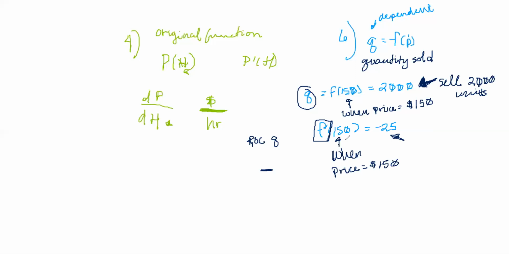So this is exploring the relationship between how much something costs and how much you can sell it for. Okay, so the rate of change of Q at this particular moment, if you were to increase the price, would be negative. So you'd lose customers.